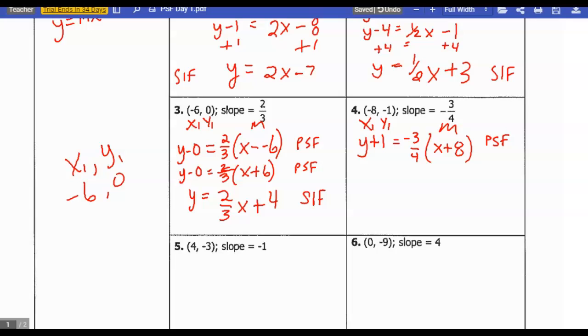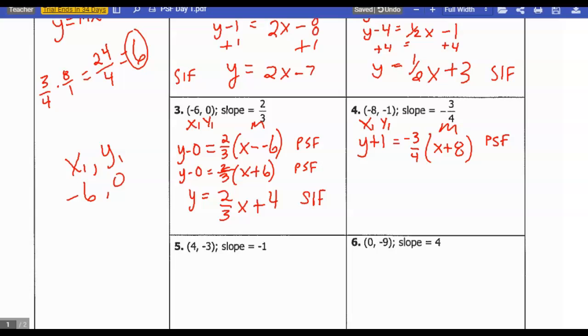Last one. 3/4 of 8. If you guys can't do some of these in your head, you can come over here to the side. 3/4 of means multiply. So I do 8 over 1. 3 times 8 is 24. 4 times 1 is 4, 6.